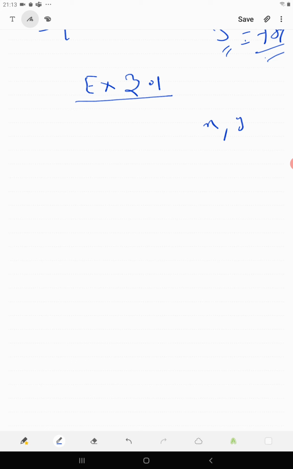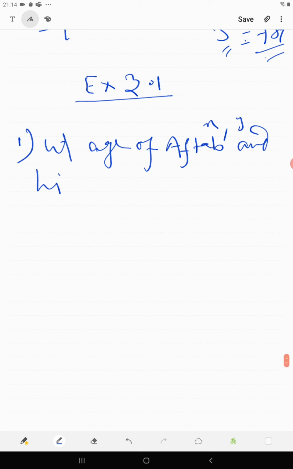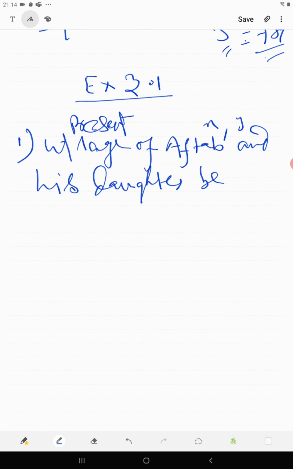So here we have Aftab and daughter. Always assume, let the present age of Aftab and his daughter be X and Y. Okay, so I assumed the present age of Aftab and his daughter is X and Y. Now, see the next line, 7 years ago.